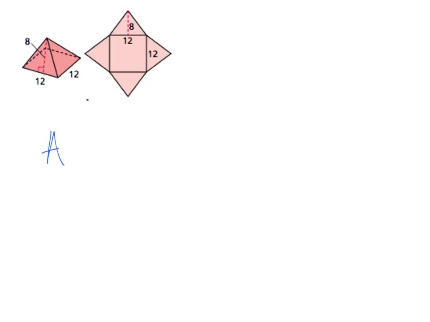You can think of this as when it opens up, we have a square here, and then we have 4 triangles, which we would have seen here that there are 4 sides. So let's start with the area of the square. To find the area of a square, we're just going to do 12 times 12, which is 144.